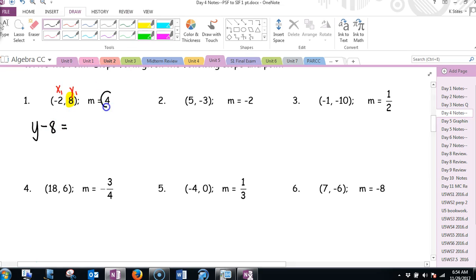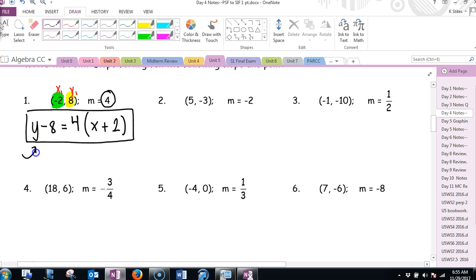Equals, next is my slope, parentheses, x, that always stays in x, and then we're going to use the opposite of our x-coordinate. This is a -2, so I'll use a +2. This is point-slope form, which we will abbreviate as PSF, point-slope form.